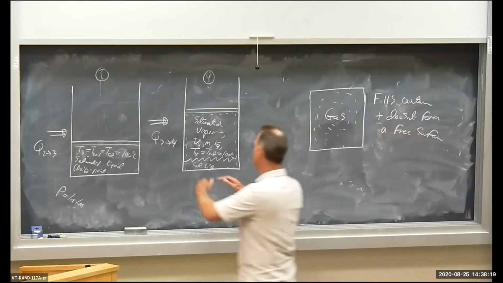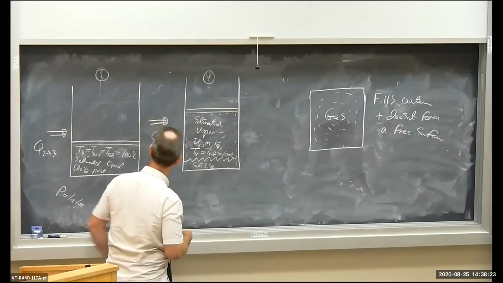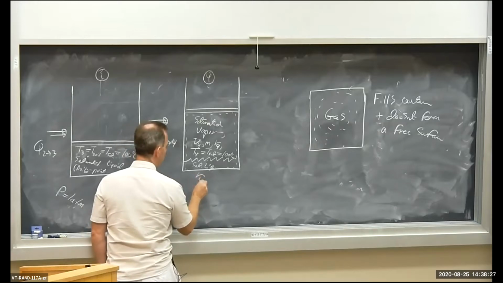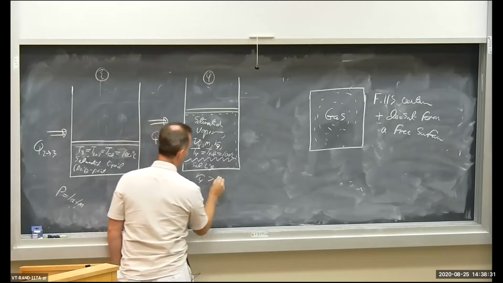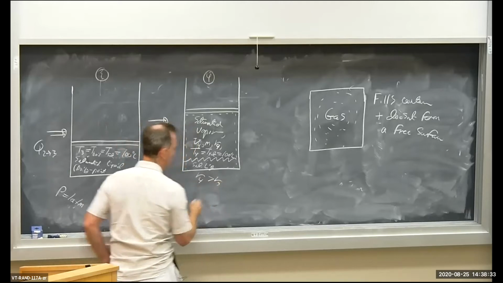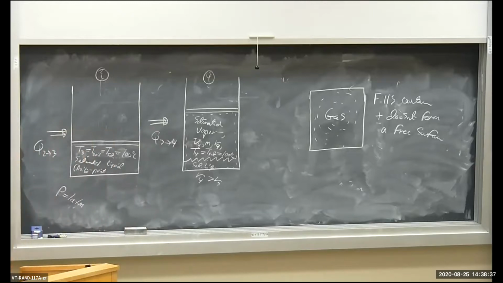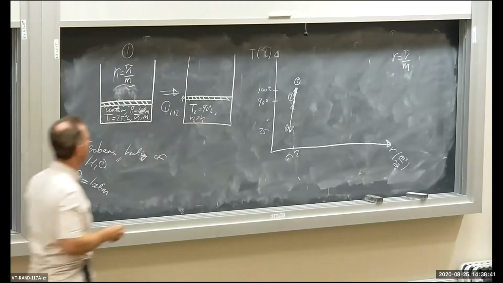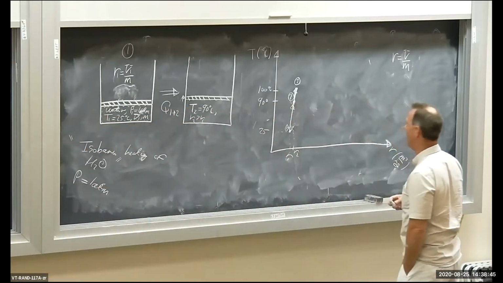Now, the volume has gone up. The volume has gone up clearly because we boiled some of the liquid away. So note, specific volume at state 4 is greater than the specific volume at state 3 because it's expanded and we boiled away some of the liquid. So let's put this state 4 on the temperature-volume diagram.